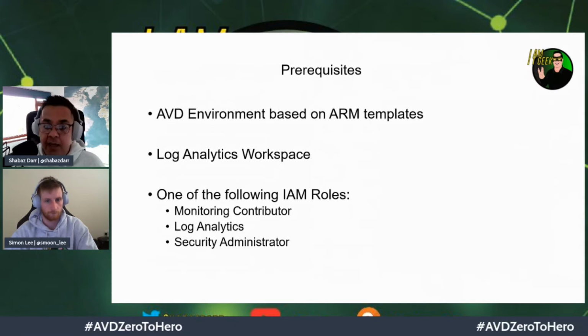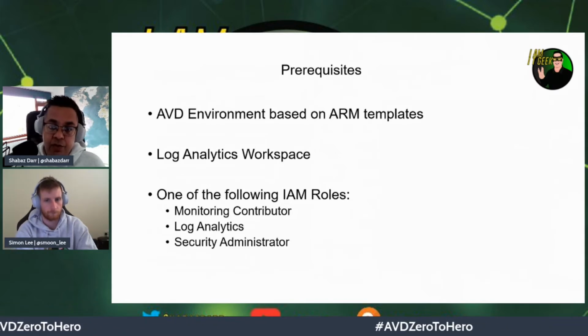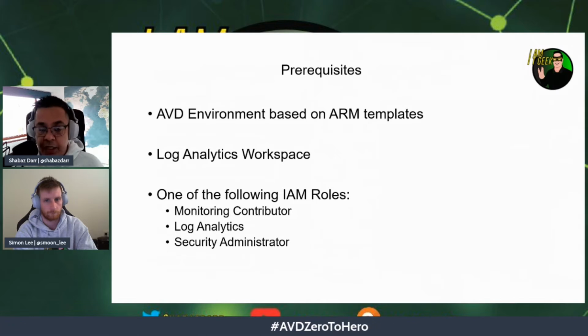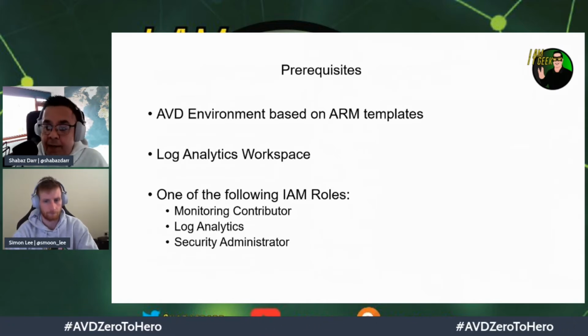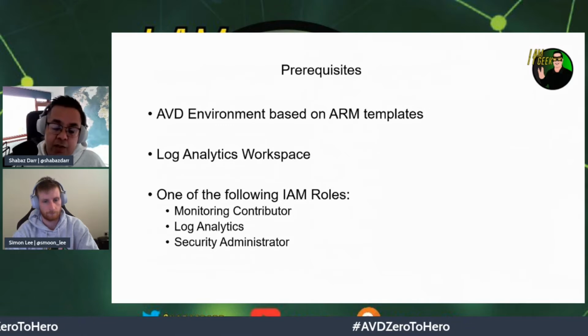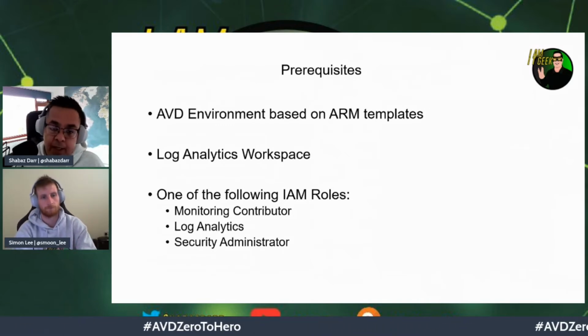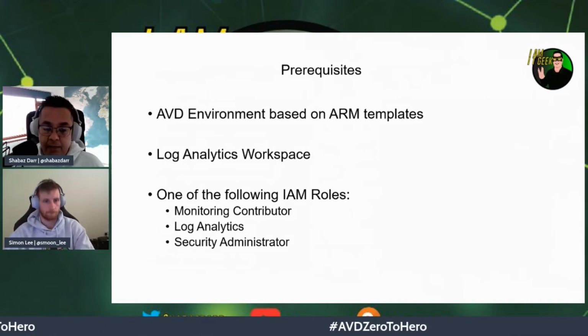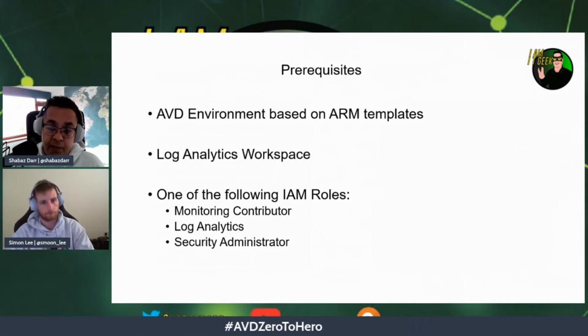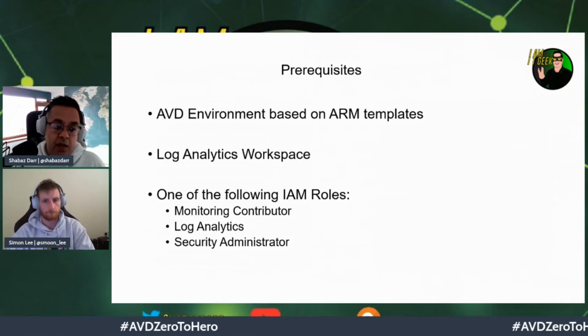So these three roles will allow us to configure monitoring and alerting for AVD. Obviously, global admin allows you to do it, but we're talking about specific roles as opposed to the global admin, because we want to follow our best practice recommendations. So giving a specific role is best practice.